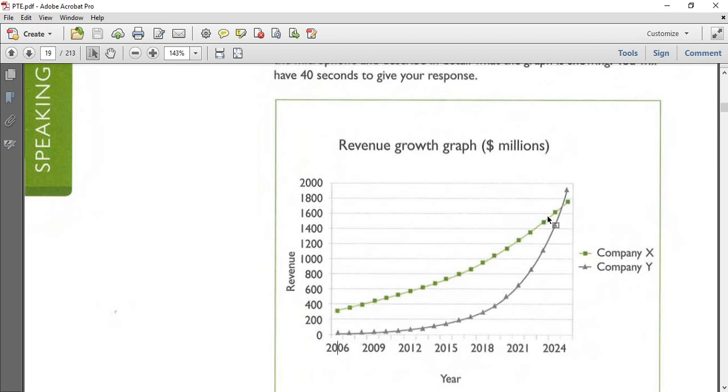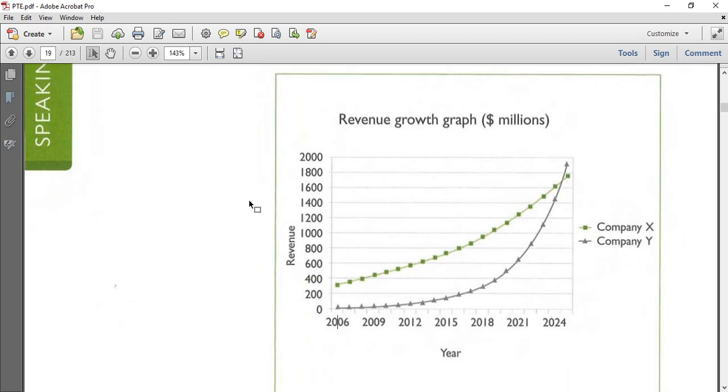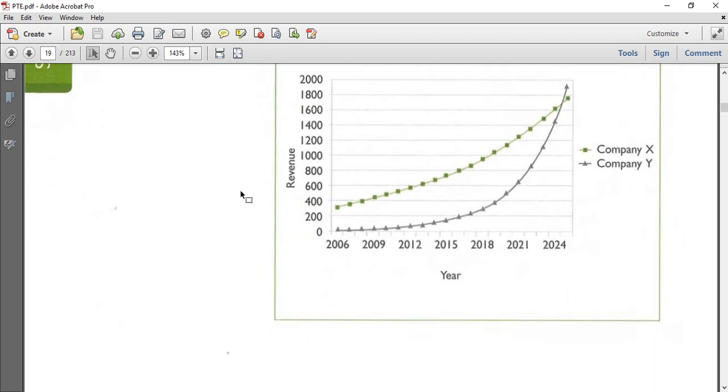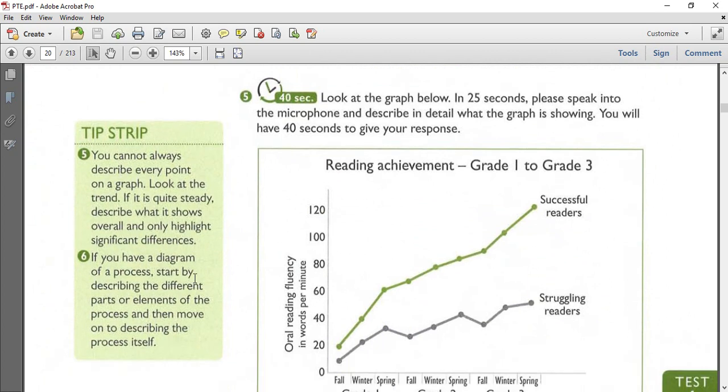And we can compare them by using the words that I mentioned above, like greater than, lower than, or the greatest. Tip number 5, you cannot always describe every point on a graph.